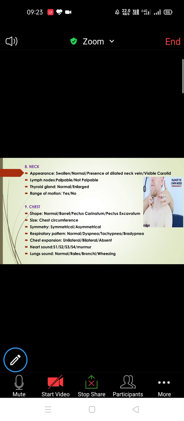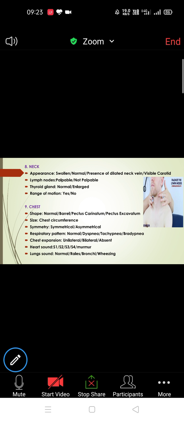Okay, and tachypnea means the respiratory rate is more than normal, more than 20-22. If it's like 30-32, then you will write it as tachypnea. Okay, and bradypnea means the respiratory rate is less than normal. Okay, so all these terms you have to remember. And then you will write whatever you observe in your patient.